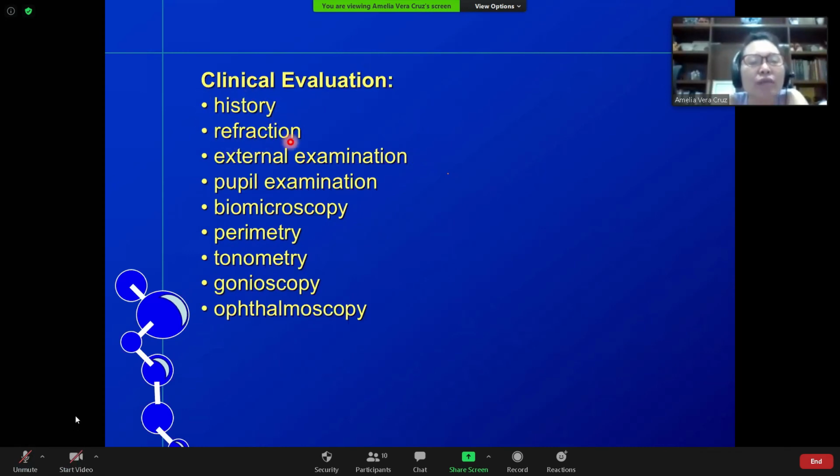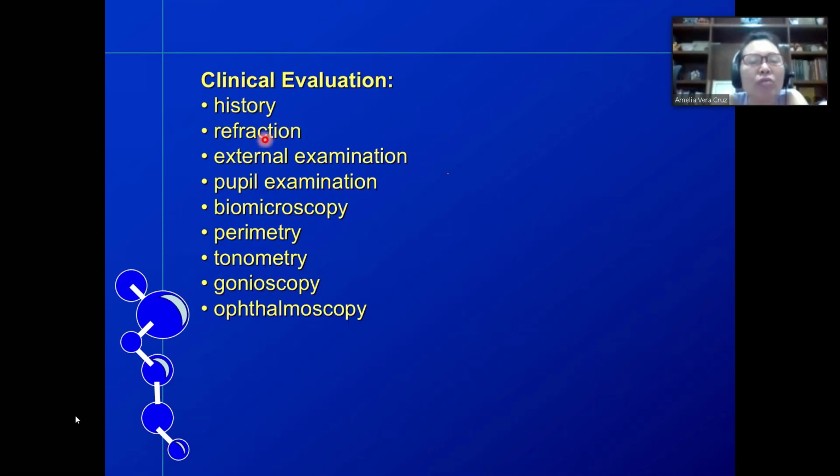Of course, the refraction, should know the refraction sa mga high myopes. High myopes are prone to open angle glaucoma. Ang mga hyperopic patients kasi, the eyeball is small, is short. Para siyang compressed. So they are usually prone to develop angle closure glaucoma.